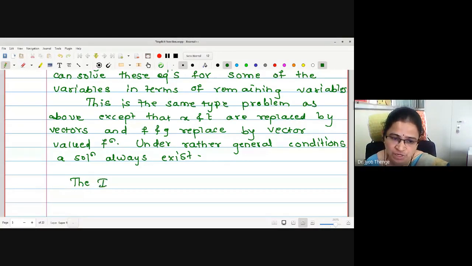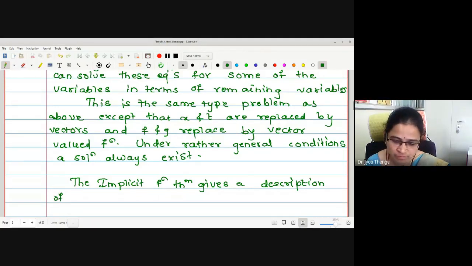But the implicit function theorem gives a description of these conditions and some conclusions about the solution.